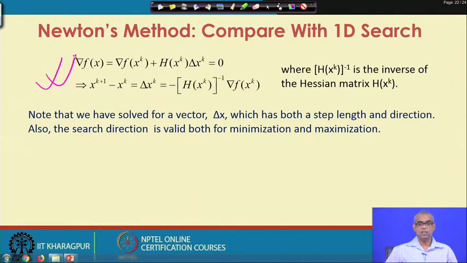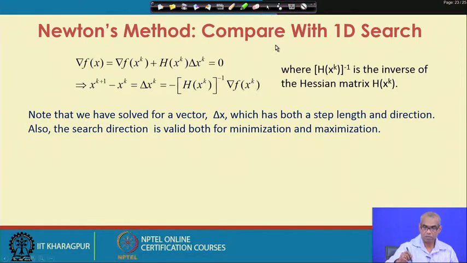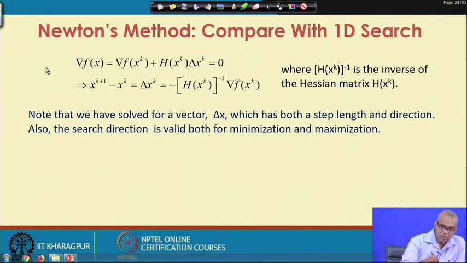Also, the search direction is valid both for minimization and maximization. Because for both cases, the gradient of f equal to 0, the first order necessary condition, is what we used to obtain this equation.